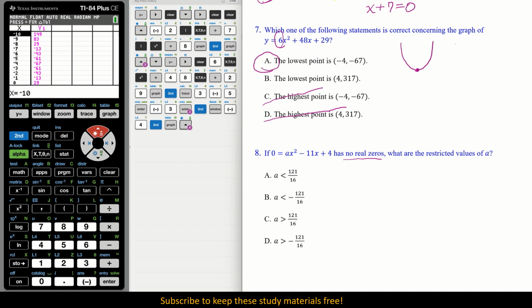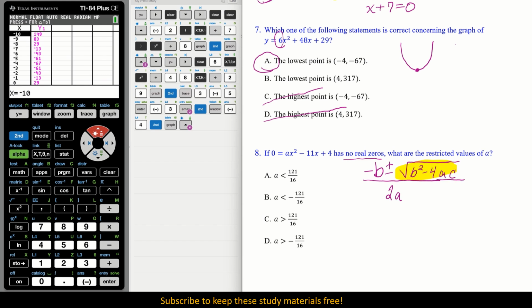The discriminant in our quadratic formula, that's this part right here. Remember, that is b squared minus 4 times a times c.